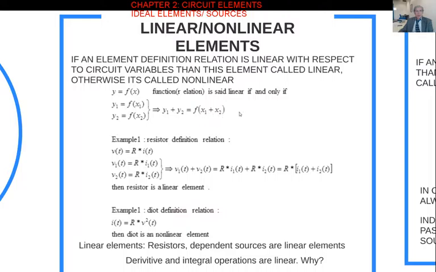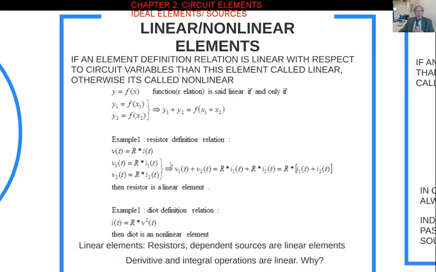So for example, if you write a y = mx function, you're going to see that it is true for this property. So you could consider a line, whose function is y = m times x. So this is a linear function.